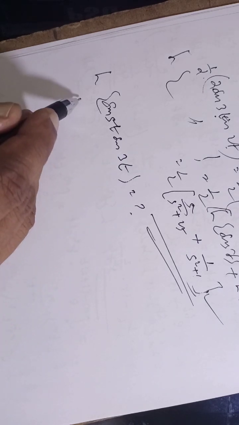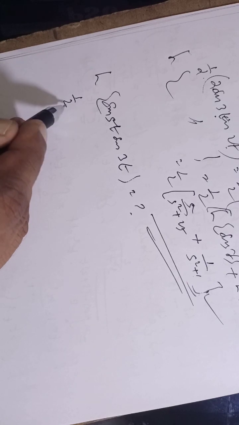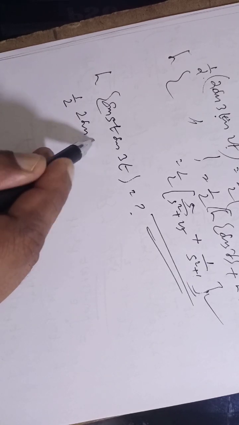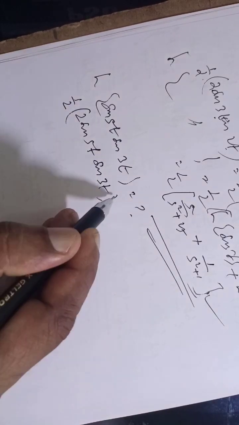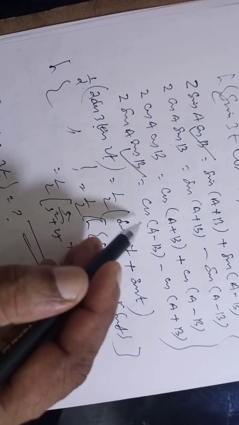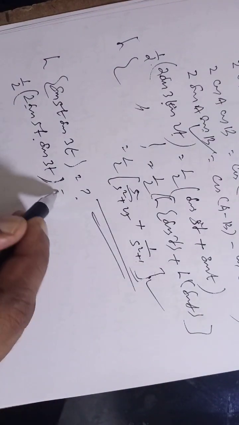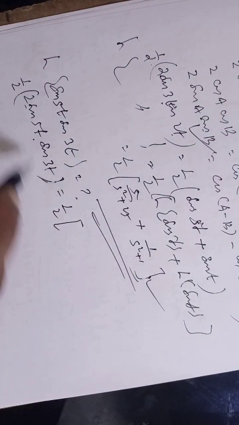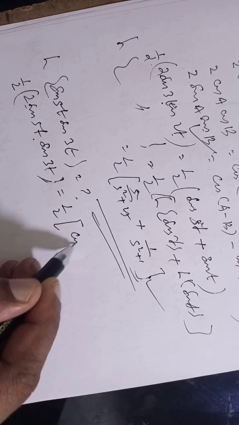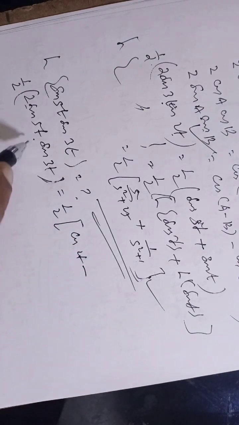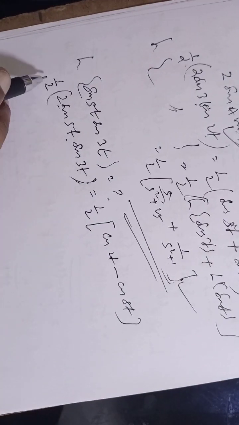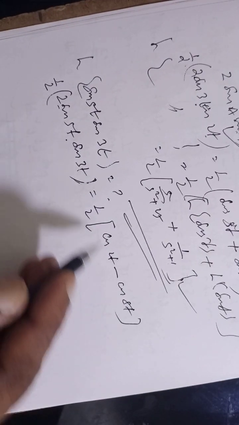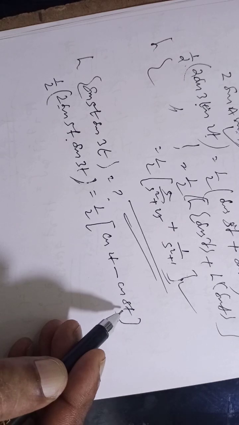For that we put a half into 2 sin 5t sin 3t. Half into cos(A minus B), 5t minus 3t, that is cos 2t, minus cos(A plus B), cos 8t. Then to find the Laplace transform, half into L of cos 2t minus L of cos 8t.